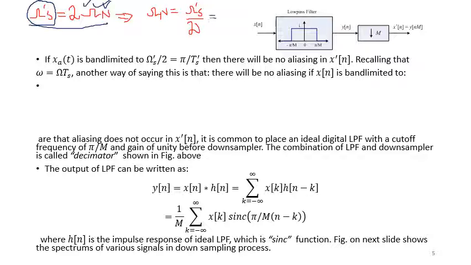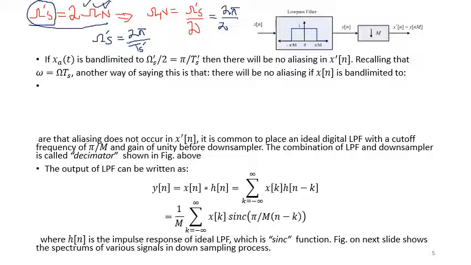Now, because we know the relationship between omega prime s and the period is that omega prime s is equal to 2 times pi divided by the sampling period. So we say, okay, this is equal to 2 times pi divided by Ts prime.